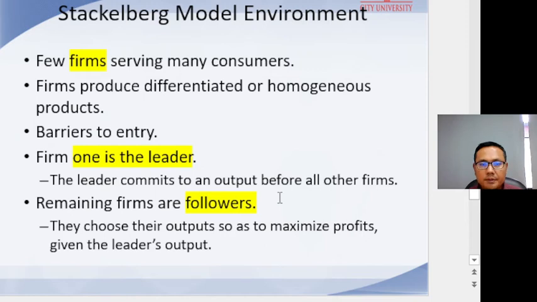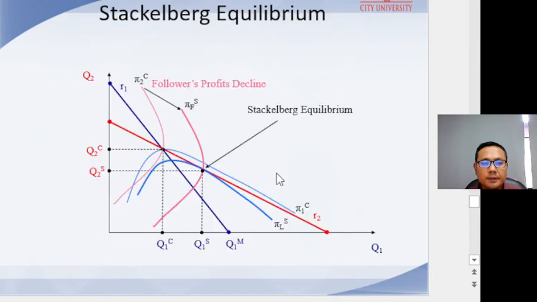You can see from here, this is the Stackelberg equilibrium. To illustrate how a Stackelberg oligopoly works, let us consider a situation where there are only two firms. Firm 1 is the leader and thus has a first mover advantage, that is, firm 1 produces before firm 2.